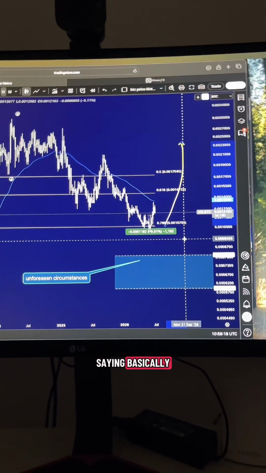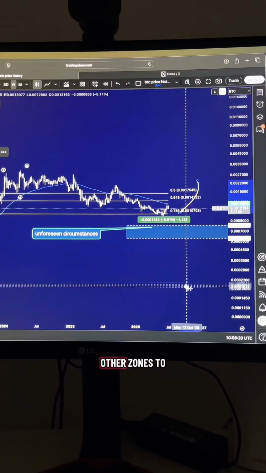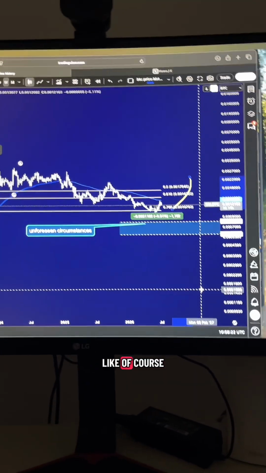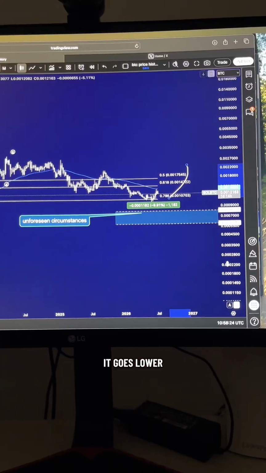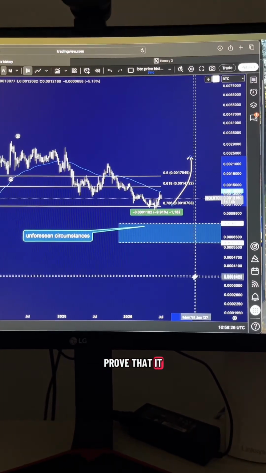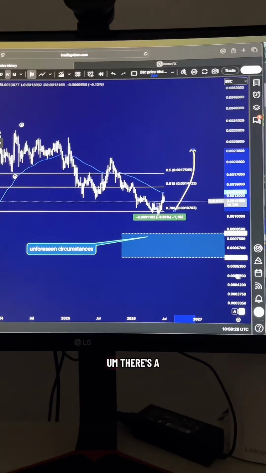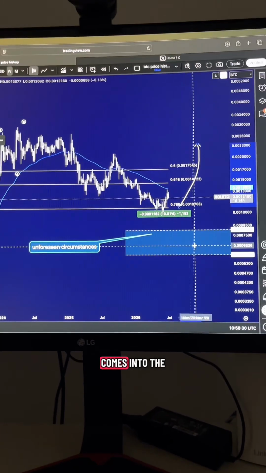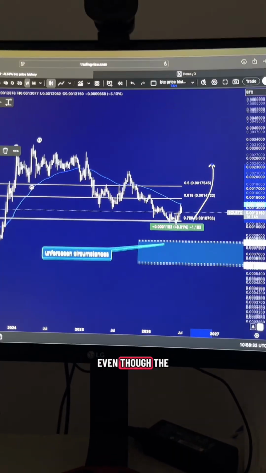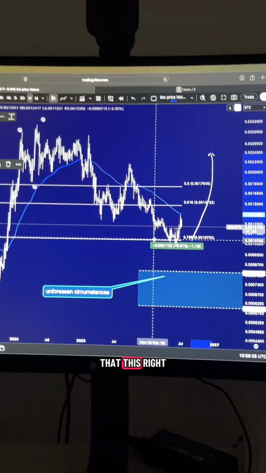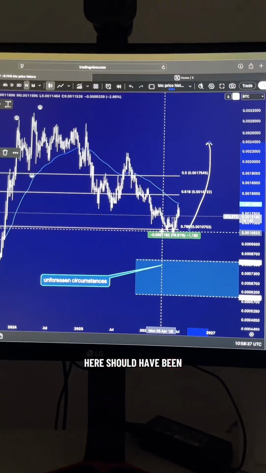What we are saying basically is that we don't have any other zones to the downside. Of course, it's possible that it goes lower, but we cannot prove that it will go lower. However, there's a chance that it comes into this zone right here, even though the charts do indicate that this should have been the bottom.